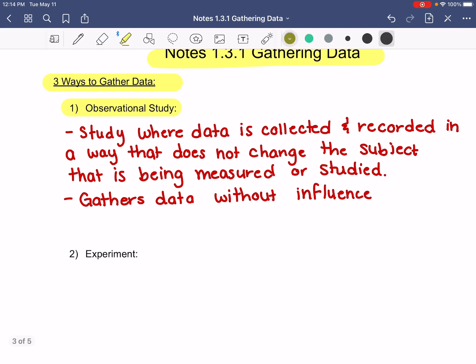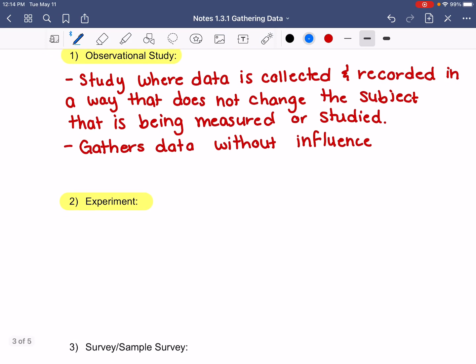The second type that we're going to look at is an experiment. An experiment is where the participants have to participate in some sort of process, action, take some sort of substance, and then they observe the outcomes.